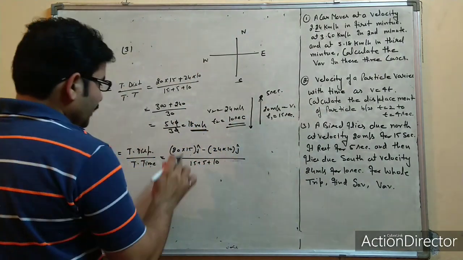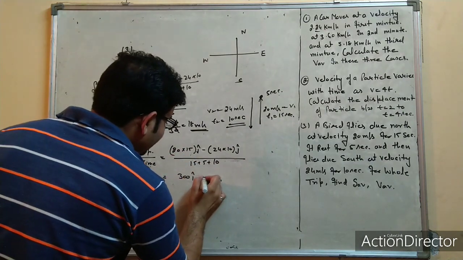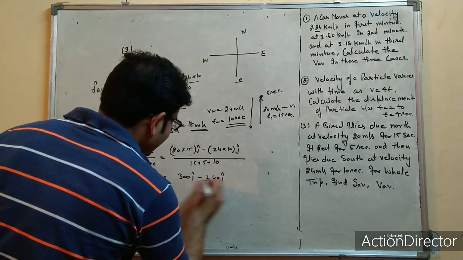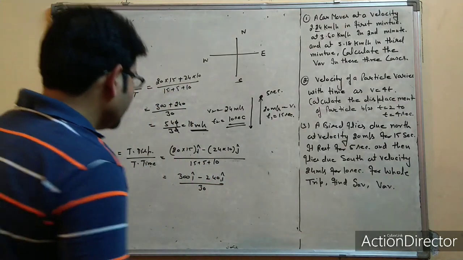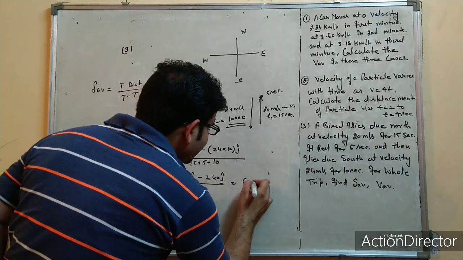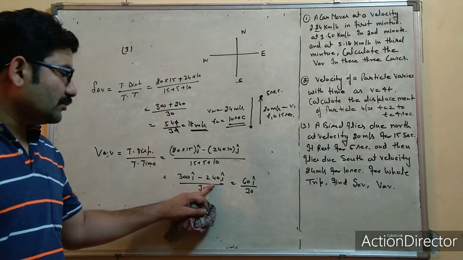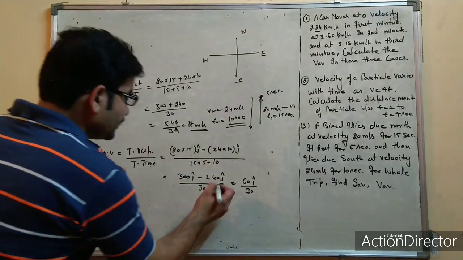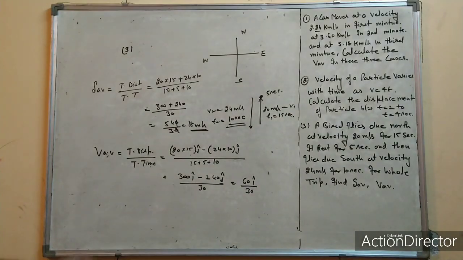Now 300 j minus 240 j, divided by 30, as usual. Now it will be 60 j upon 30. 300 minus 240 leaves 60 j upon 30.